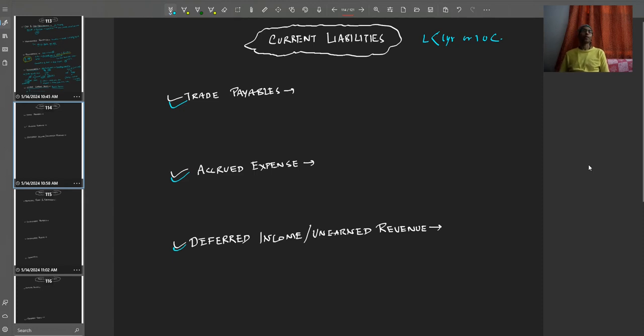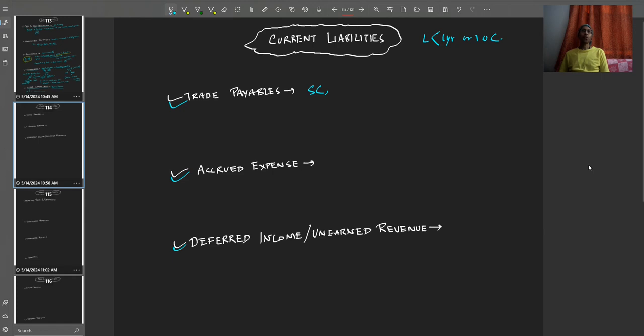Let's look at each of them. Trade payables are basically supplier's credit. You have taken material on credit, and you have to pay maybe in 30 days, 40 days, 3 months, whatever. It is usually and mostly within 1 year that you have to pay back. These are trade payables.